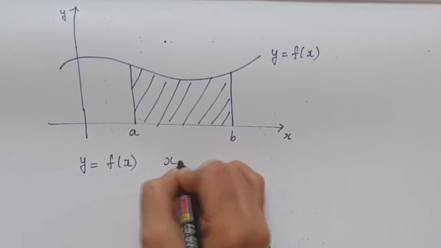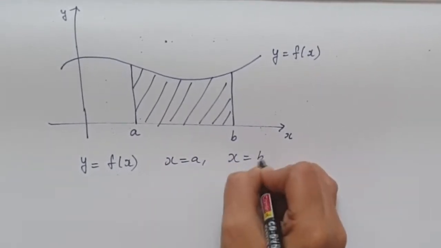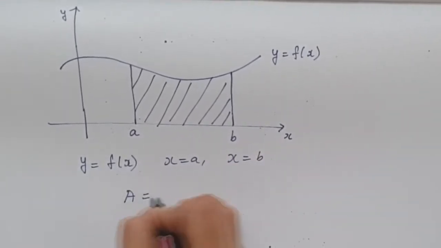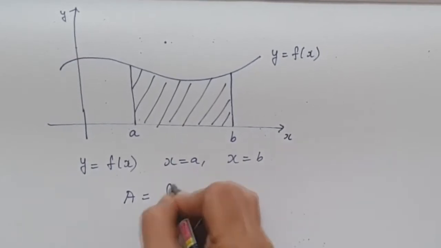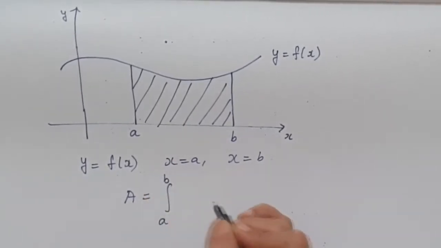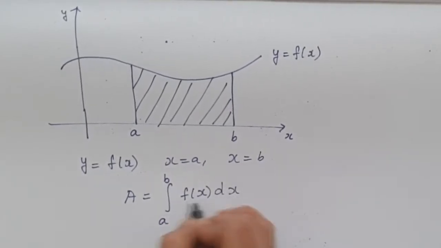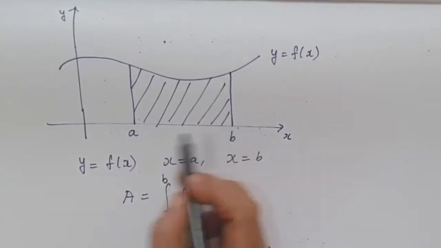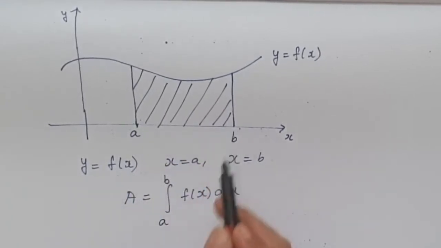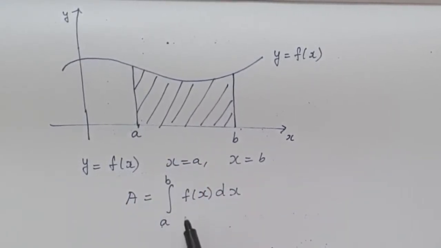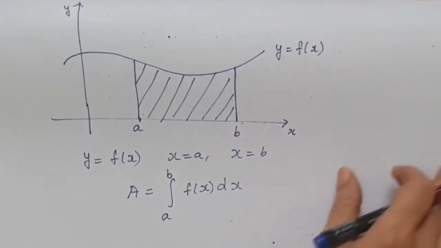The limits between x equal to a and x equal to b is given by area equal to integral a to b f of x dx. We just integrate and substitute the limits because we need to find the area from a to b. So our limits will be from a to b f of x dx.